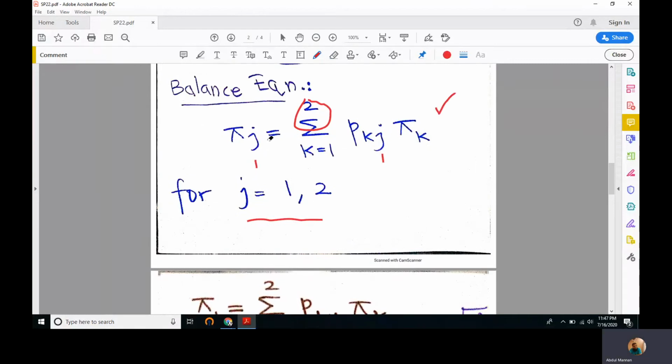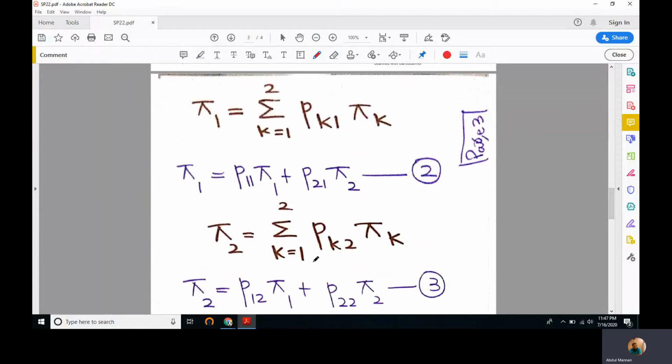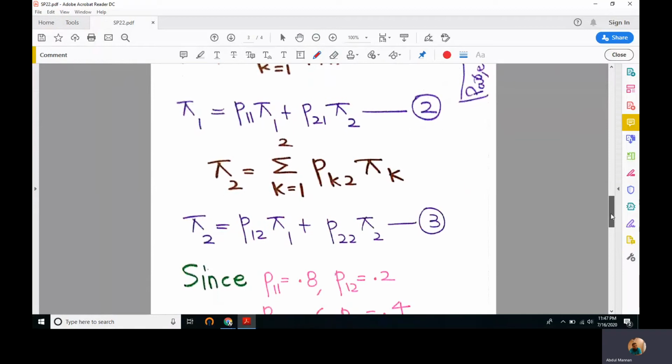So instead of 1, we put a 2 here. It will be pi 2 is the summation over k of p k2 pi k. If you put the values of k, 1 and then 2, it comes out to be like this.